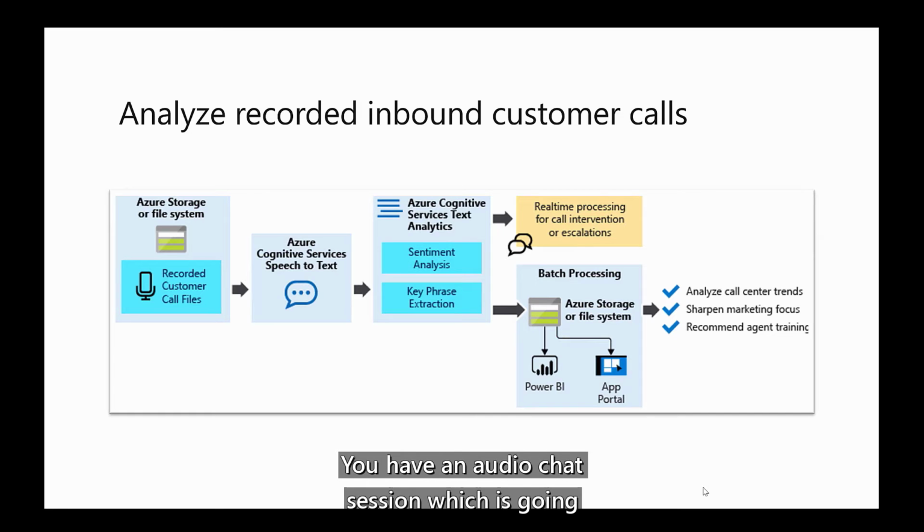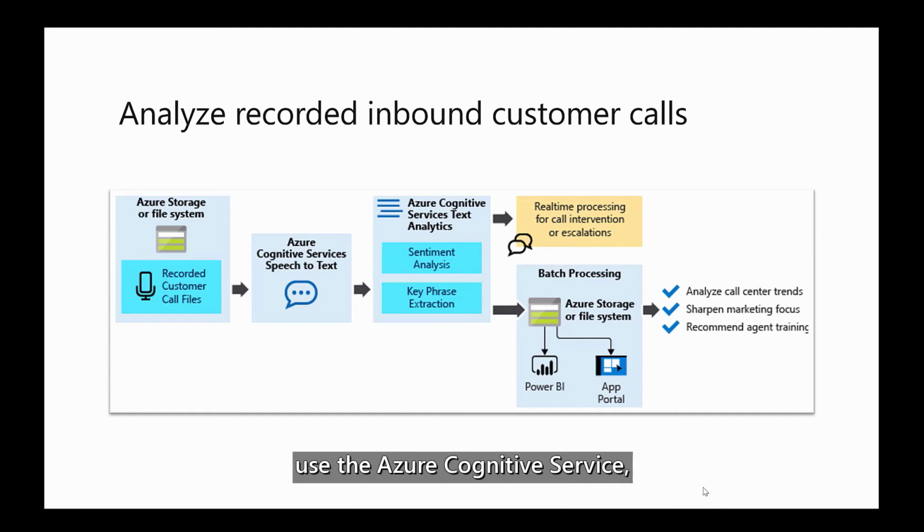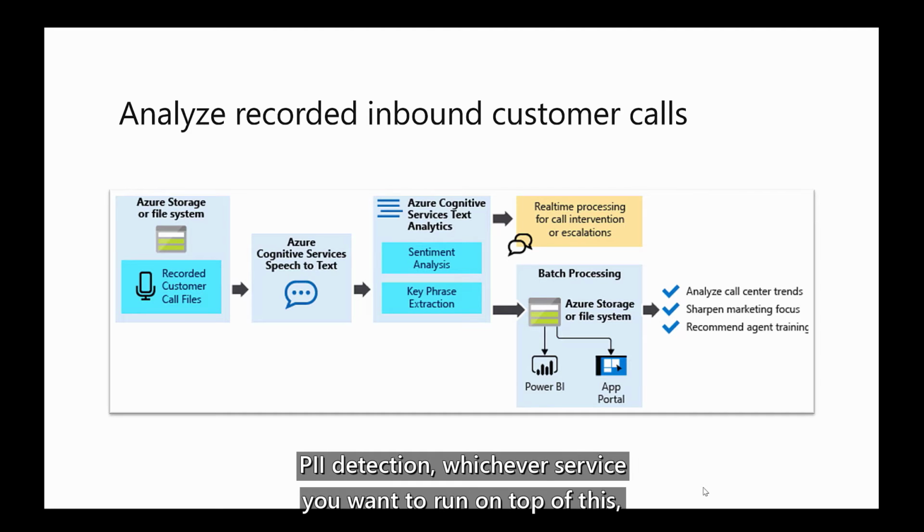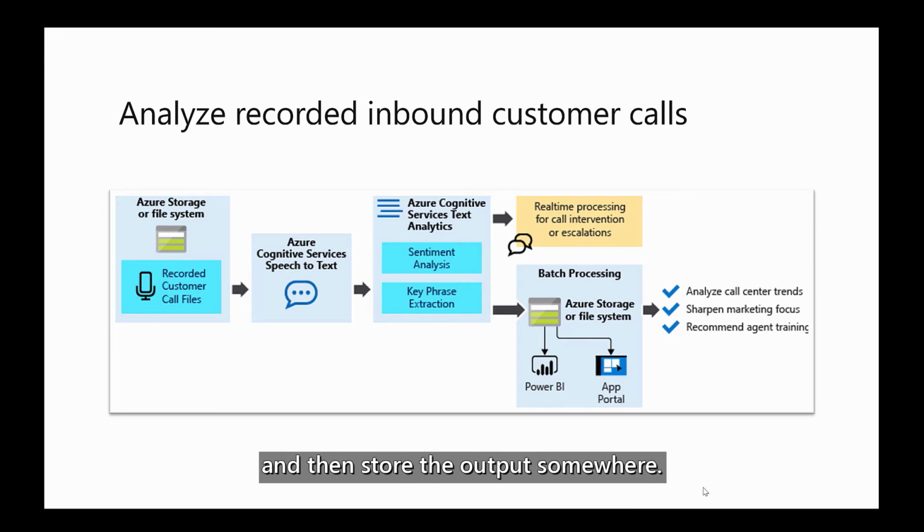You have an audio chat session which is going on, and then this audio is converted to text. So you do speech to text, and you can use the Azure Cognitive Service which is available for this. And then you can run sentiment analysis, key phrase extraction, PII detection, whichever service you want to run on top of this, and then store the output somewhere, right?